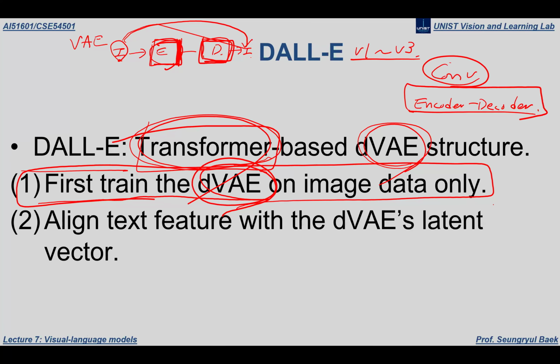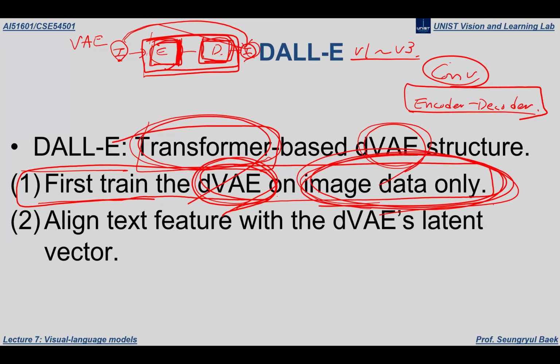This means that using only image data, this encoder-decoder architecture, the VAE, is trained to generate the original image again. So this VAE can be trained using only image data.